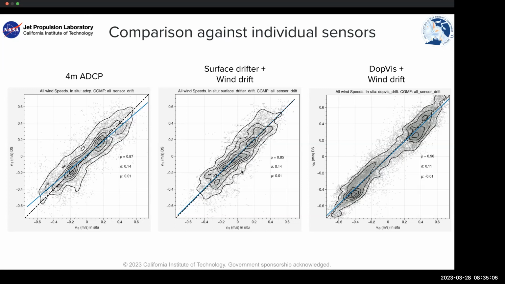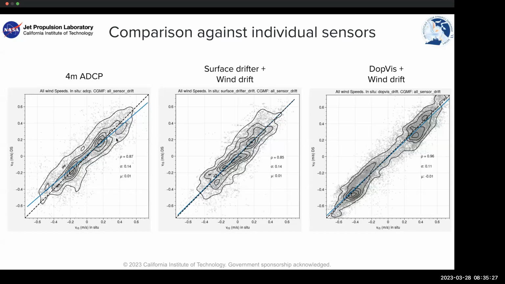The surface drifters, in order to get a velocity, what I've done is I've taken the GPS position measurements, averaged over 5 minutes, and fit a derivative through those, which is somewhat noisy process. So some of this dispersion may also be due to that.